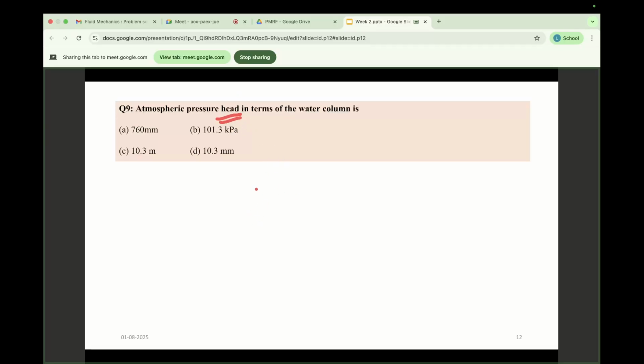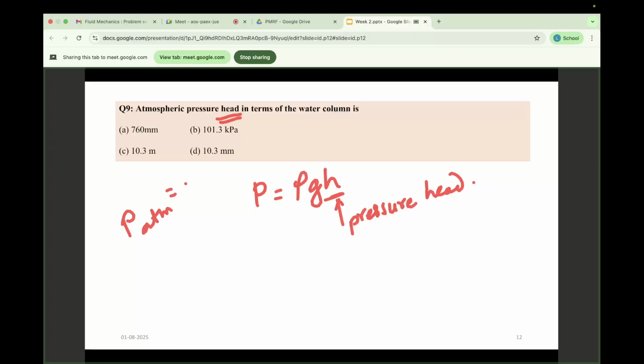In this formula, you remember P equals rho g H, right? In this formula, this H is referred to as pressure head. Okay, so I can write atmospheric pressure equals rho g H atm.